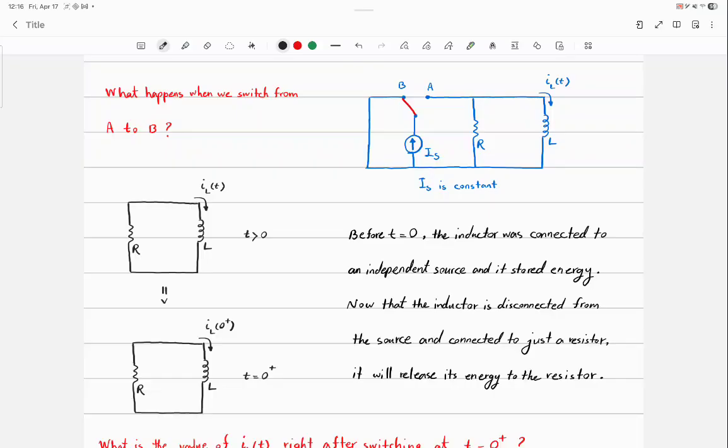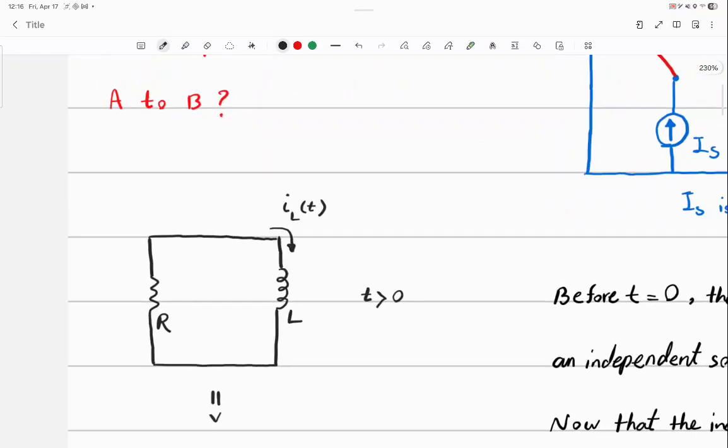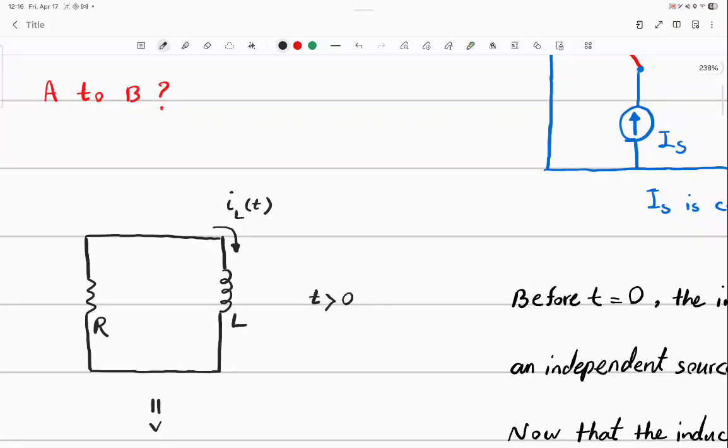Before talking about this, I'm going to ask you a question. Focus on this circuit, just L and R, a piece of inductor connected to a piece of resistor on the table without being connected to any sort of source. Is there anything in this circuit worth calculating? Is there going to be any current or voltage in this circuit?